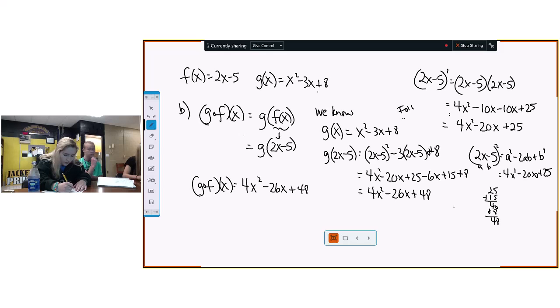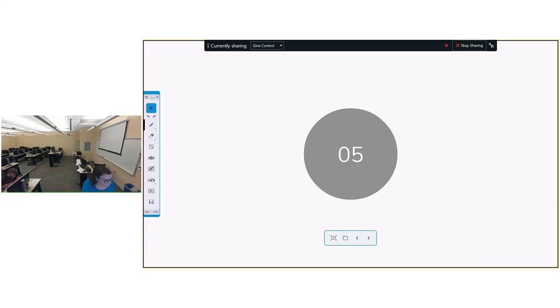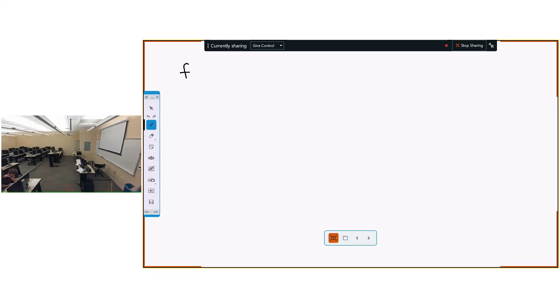No. All right. Now we're going to do one where it asks for a number, okay? So again, we know f of x is 2x minus 5, and we know g of x equals x squared. I have to go to another sheet of paper.